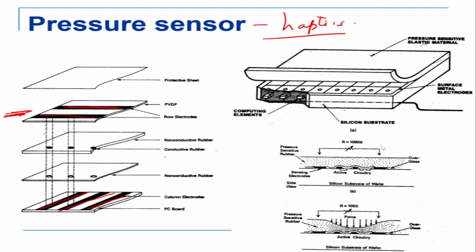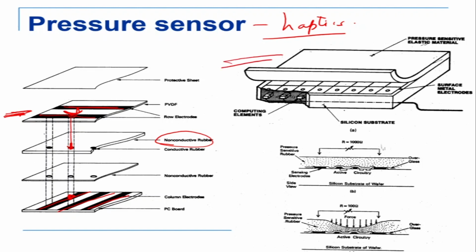In between there is non-conductive rubber with holes. If you press here, this will go into the hole and contact this part, so it shorts. Immediately it understands that there is a voltage across that, so it knows the connection has been made, that is the point where you're touching.